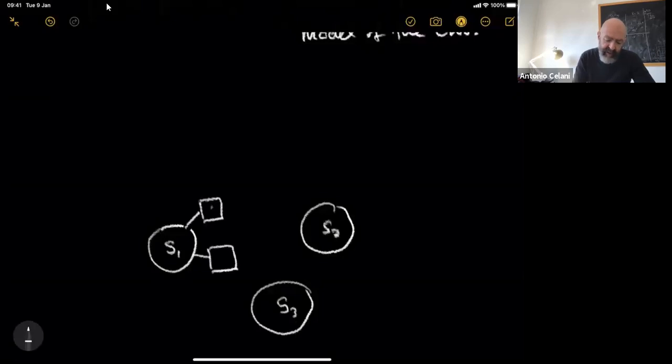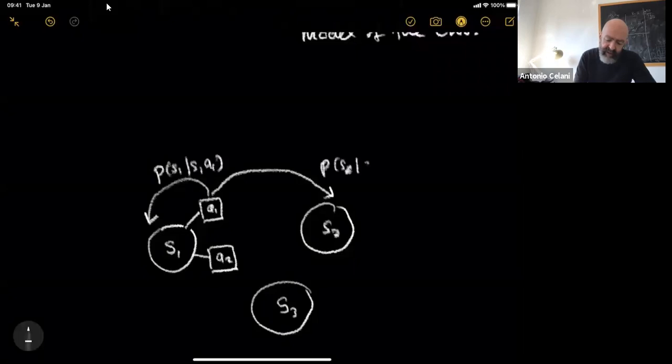For instance, from state 1, I could take action 1 and action 2. And if I take action 1, I might end up with a certain probability here, or with a certain probability here. And this probability would be the probability of ending up in S1, given that I started in S1 and I took action A1. And here would be the probability of ending in S2, given the start in S1 and the action A1. Okay, and so on and so forth.